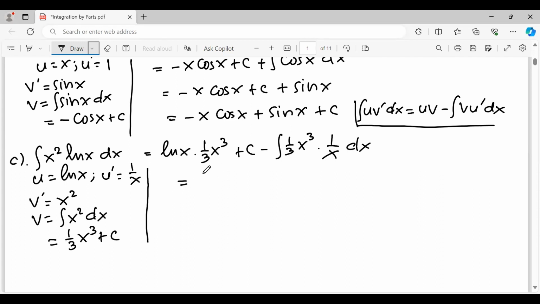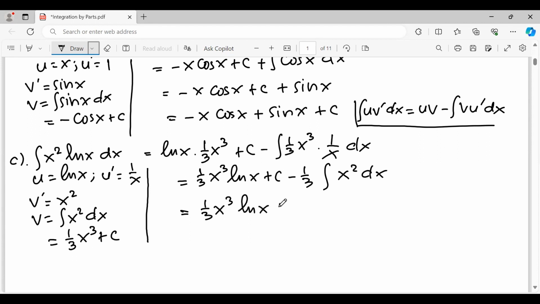So it becomes 1/3 x cubed ln x plus c minus 1/3 integral x squared, because x cubed over x becomes x squared. So 1/3 x cubed ln x plus c minus 1/3 x cubed over 3, and the plus c is already here, no need for this one.